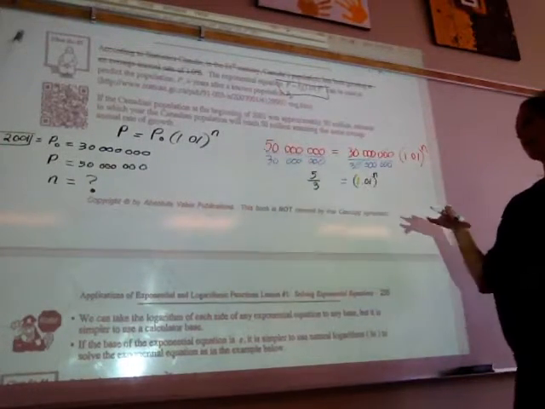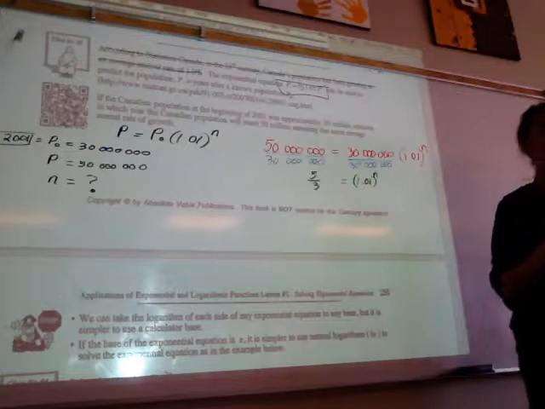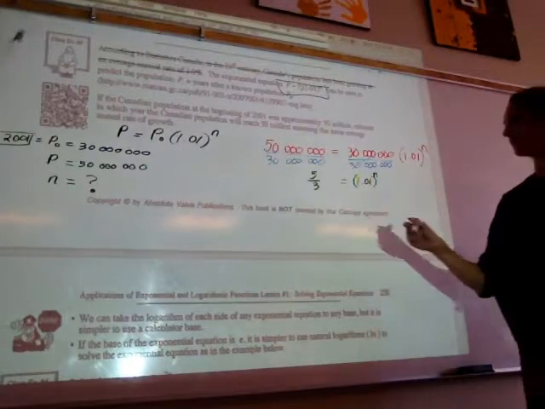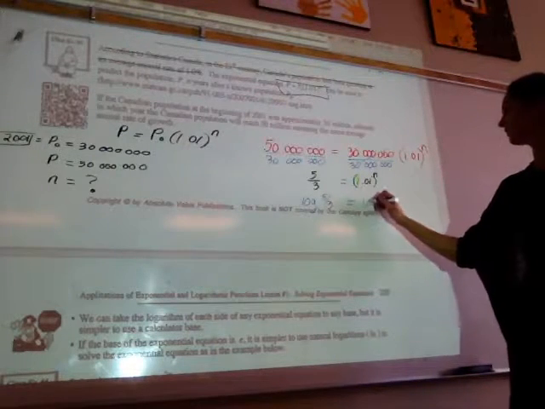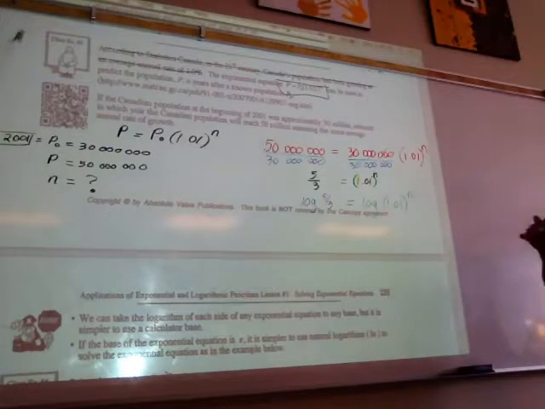Okay, now we have 5/3 equals 1.01 to the power of n. So, do you think there's any common base that we could use? No, so we have to use logarithms. You can apply a logarithm to both sides, and maybe because that's what we've been doing in class, let's do that. Okay, so we have log 5/3 is equal to log 1.01 to the power of n.